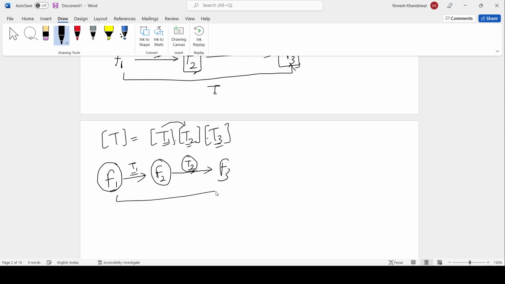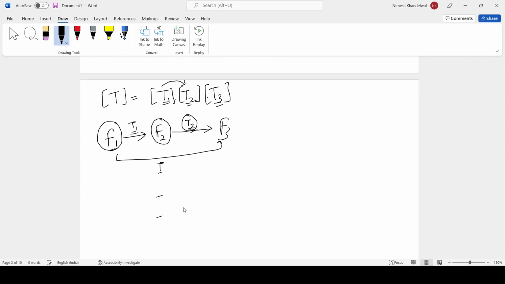So in this case, when we talk about the concatenation, or the final transformation, in matrix form it is given as the left multiplication of all these transformations. So if you keep transforming with respect to the original frame, you left multiply.